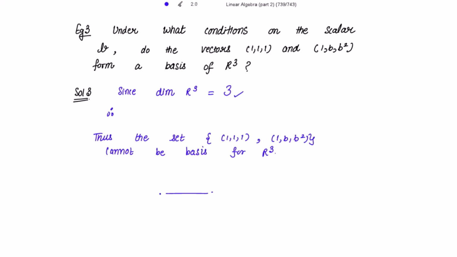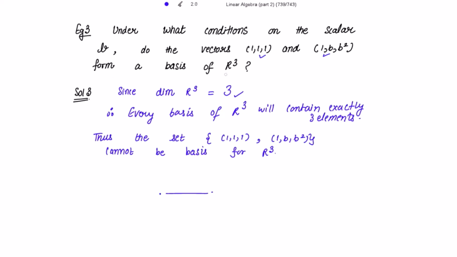So, if the dimension of R3 is 3, then every basis of R3 will contain exactly 3 elements, which means for a basis we require 3 elements. What they are asking is that the first vector and second vector form a basis of R3.